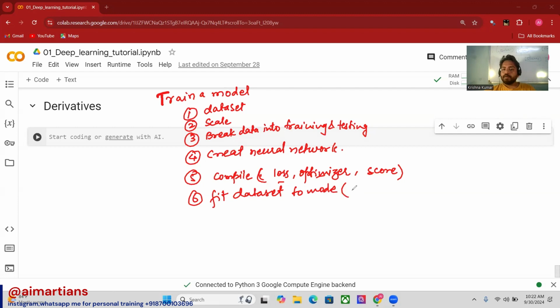In this we have training data, target of training data, epoch we have to define, then we have to define batch size, and if you want you can also define validation data.